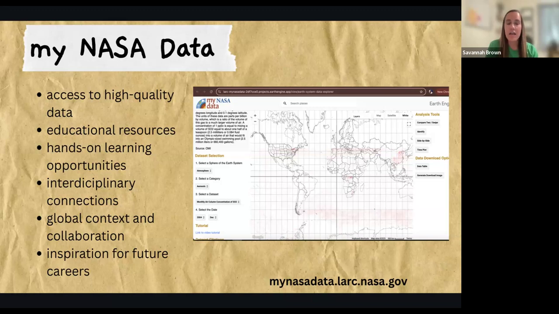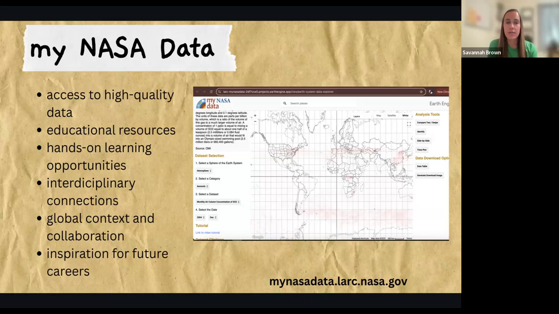Interdisciplinary connections. Obviously, you're looking at a map, you are going to have to talk about geography. You're talking about various data sets and variables. You are going to integrate mathematics and statistics into these. Of course, you can differentiate this, level it down for sixth graders like I have done, or I've also used the same data sets with my eighth graders.